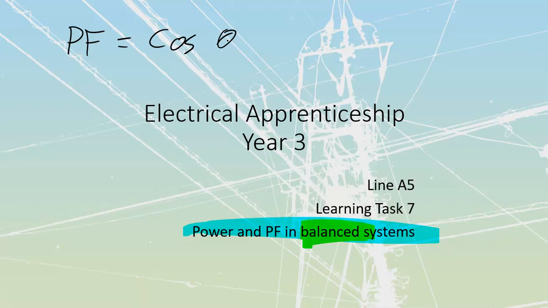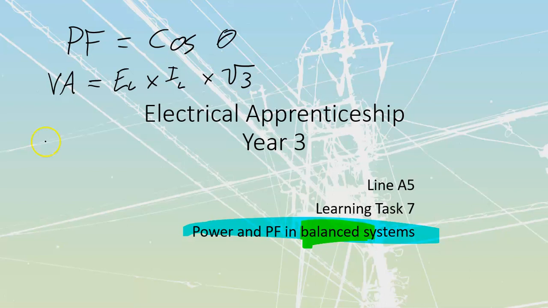The other thing that we need to look at is going to be our formulas. Formulas that we often are going to go and use for power are going to be associated with our VA formulas. And our VA formulas are going to be the same for both Y and delta. They are going to be that my E line multiplied times my I line multiplied by root 3 is going to give me the total VA, or the apparent power, of my circuit.